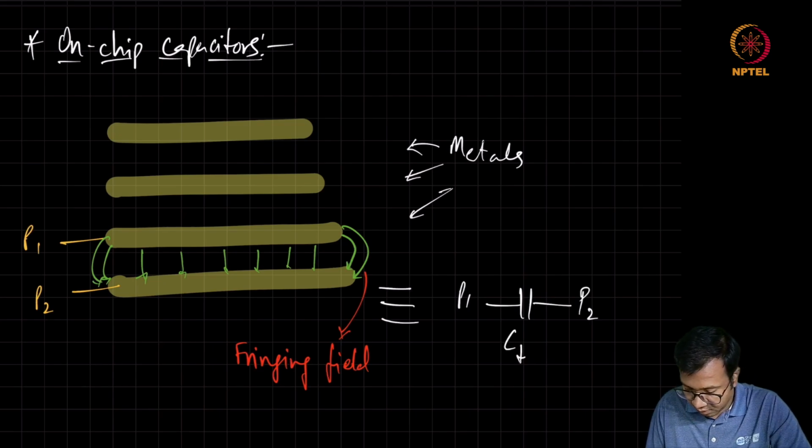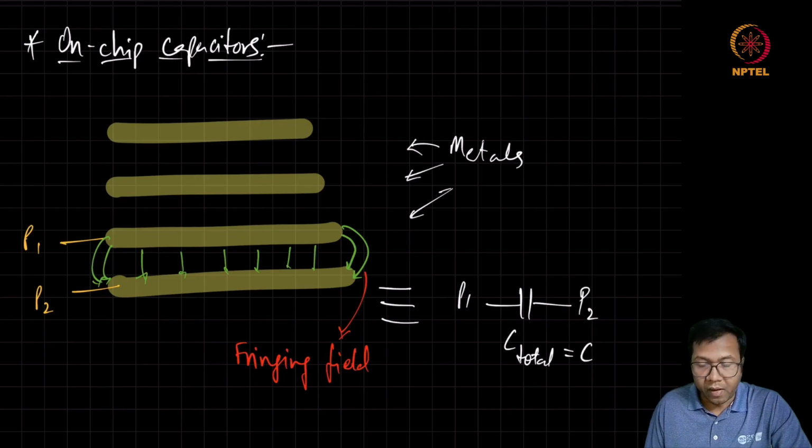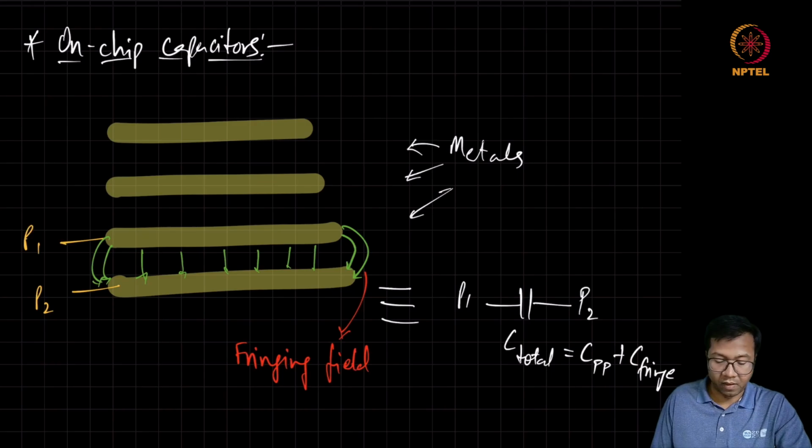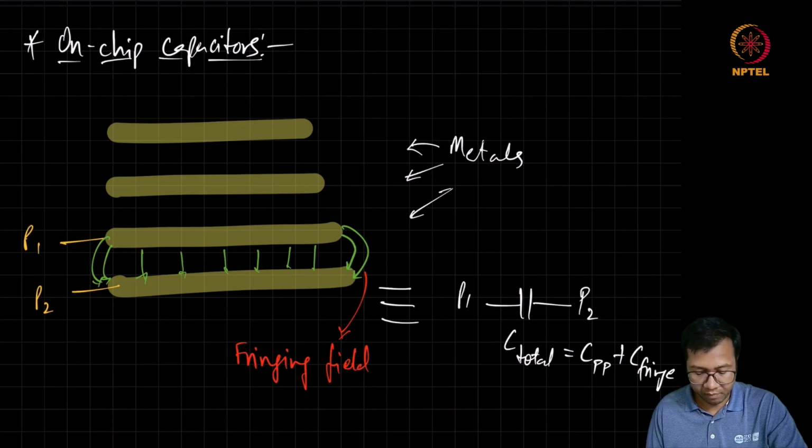C will be having this parallel plate capacitance plus this C fringe. The parallel plate is just based on the overlap area, but this fringing capacitance also is going to be a substantial value.